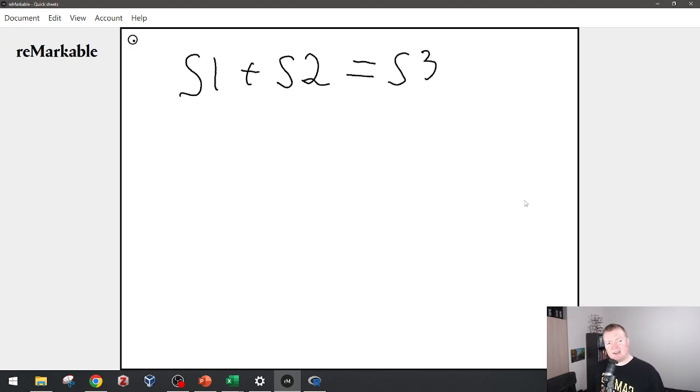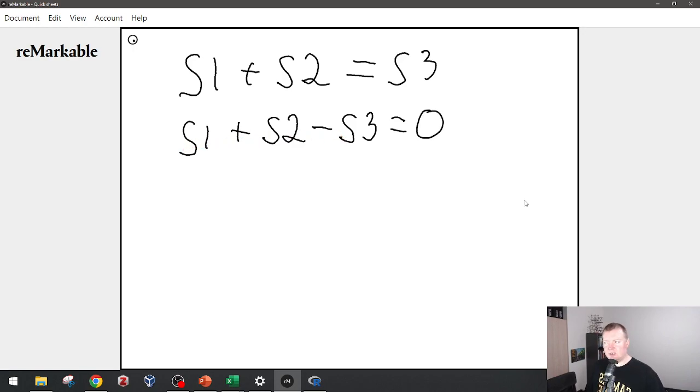Excel doesn't handle this type of equation that easily, so I'm going to use a small trick. If I take the right hand side and subtract it from the left hand side, so stream 1 plus stream 2 minus stream 3, if these values are all correct, that should give me a 0.